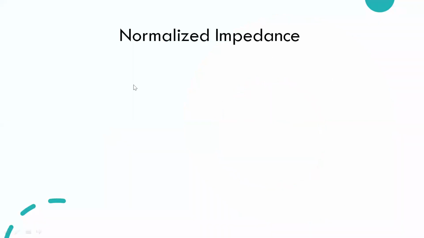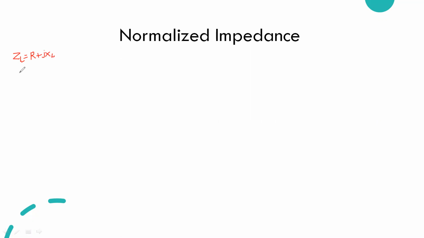So we need to go for a new impedance value that helps to identify the normalized impedance. The normal impedance is given by ZL equal to R plus jXL, where X is XL or XC, inductive or capacitive.